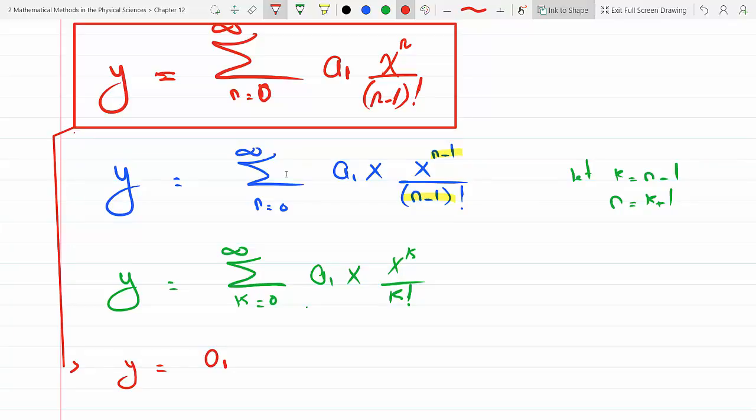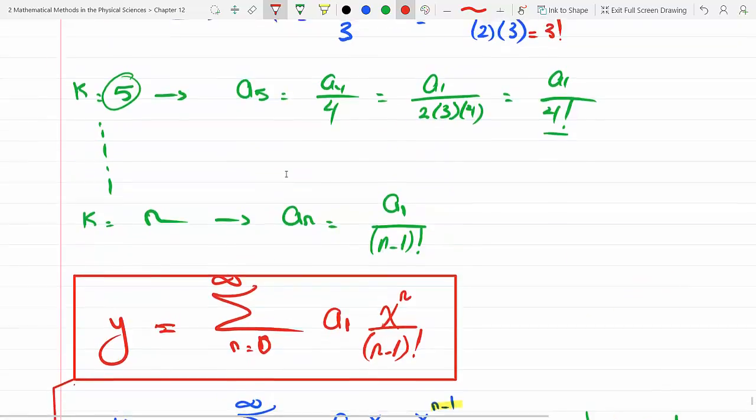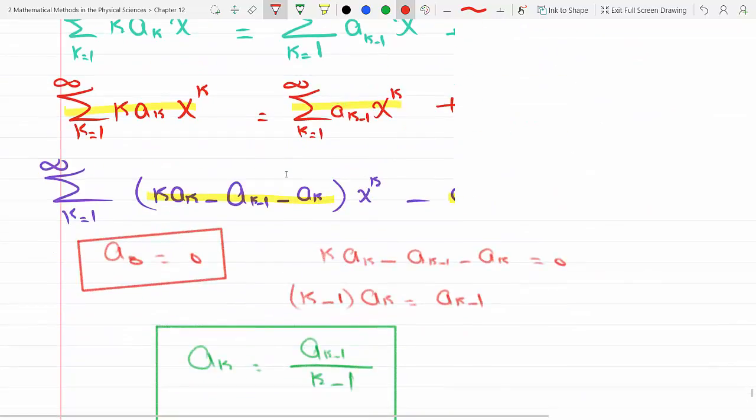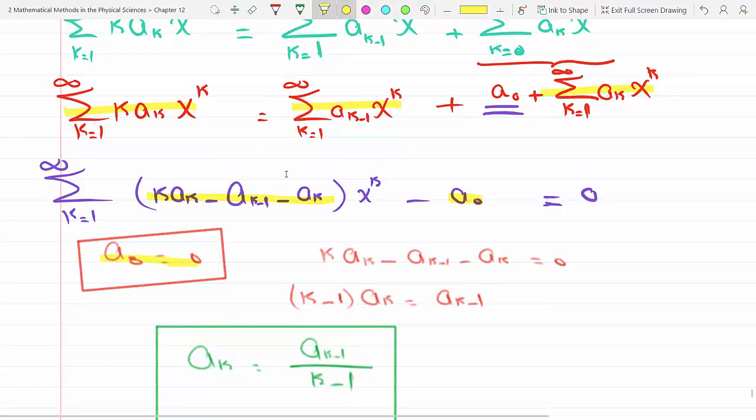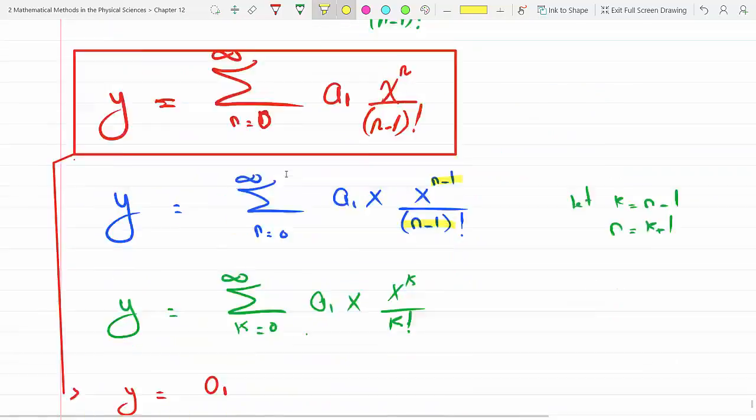So there's no term, this is what I was saying here, there is no term with constant coefficient. In other words, in the original solution here, I was able to see that a0 equals 0. And this is the only constant in my series. So if this is 0, there shouldn't be any other constant.